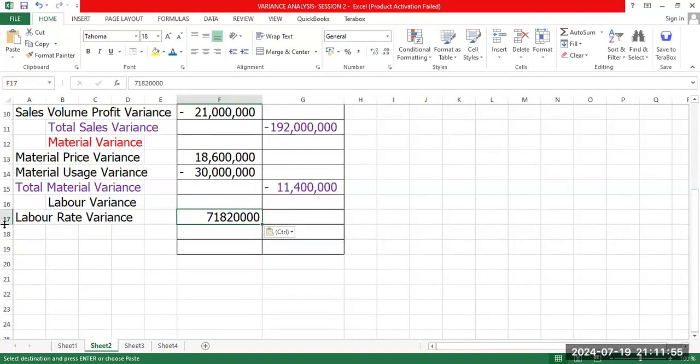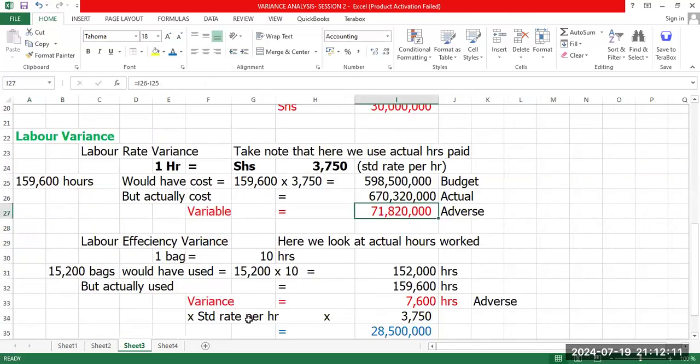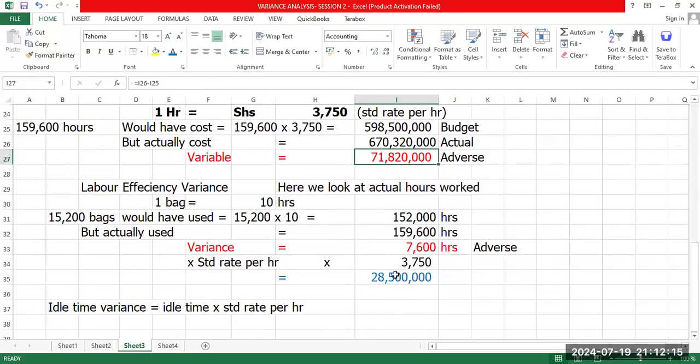And we have also labor efficiency variance.